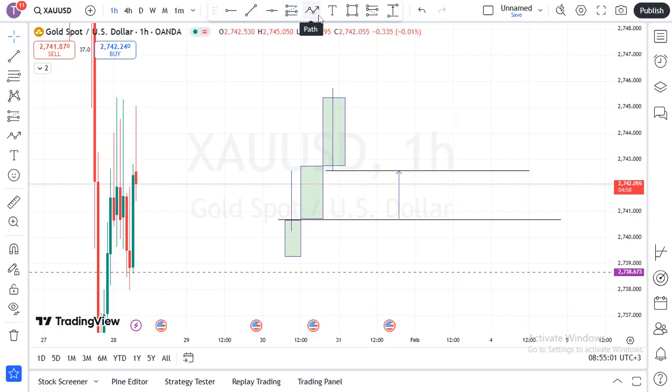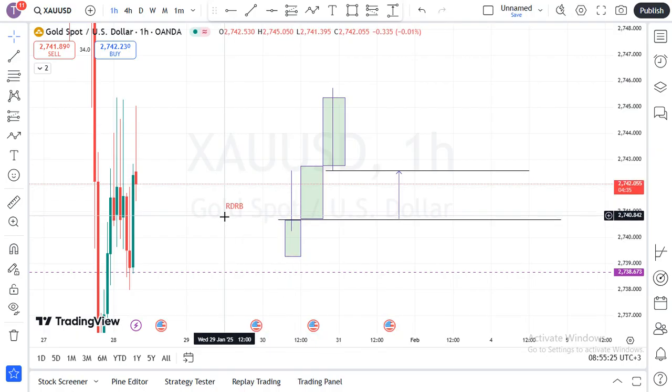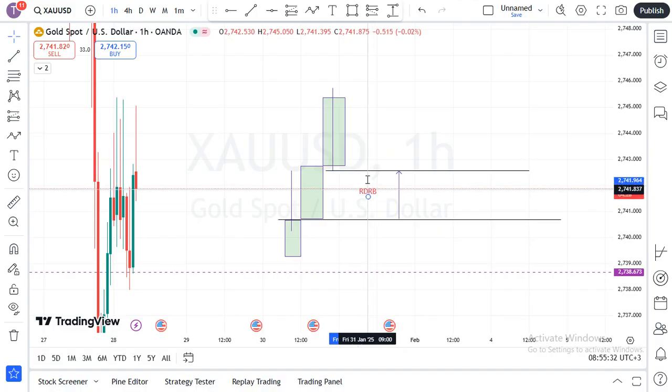So we can also call this the derived rebalanced, or the PDRA.